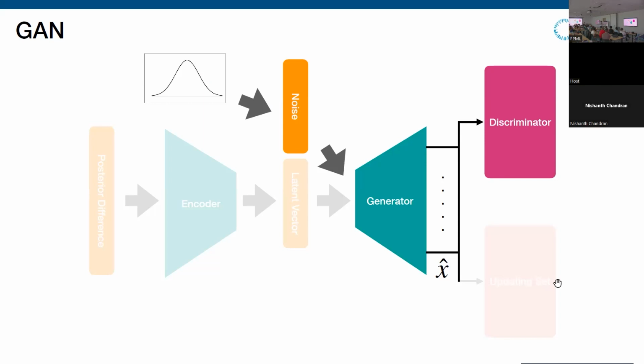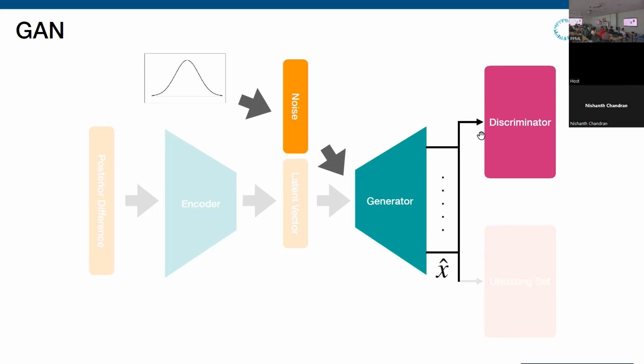So the GAN is assembled from two models. The first one is called the generator. The other one is called the discriminator. The discriminator is simple. It is given an image, and the output is binary: this image is real or fake. The generator's input is random Gaussian noise, say 128 dimensions.